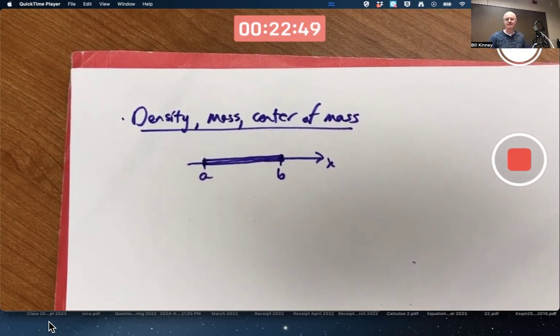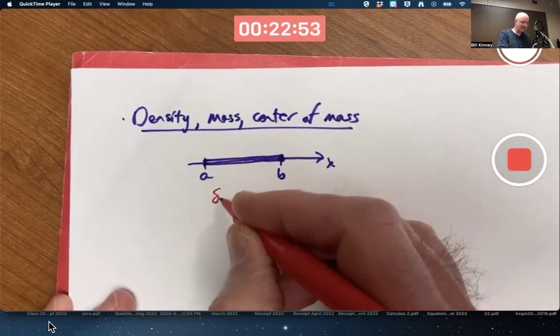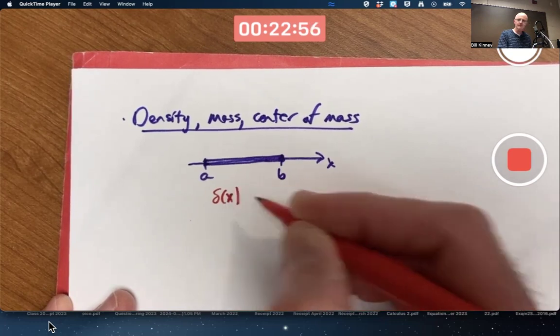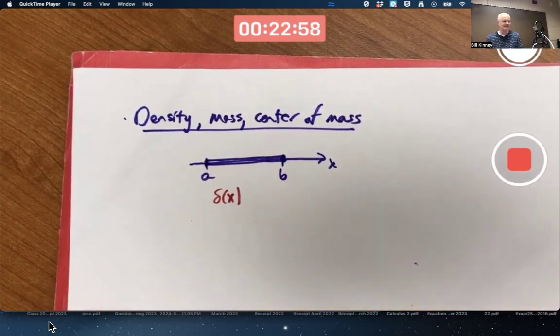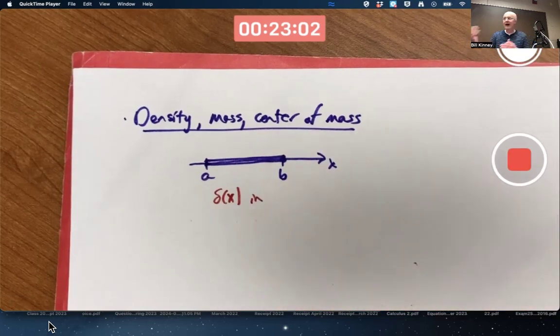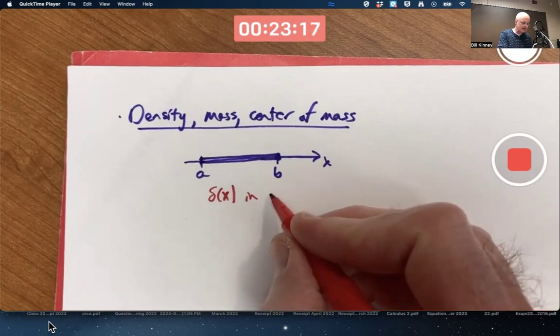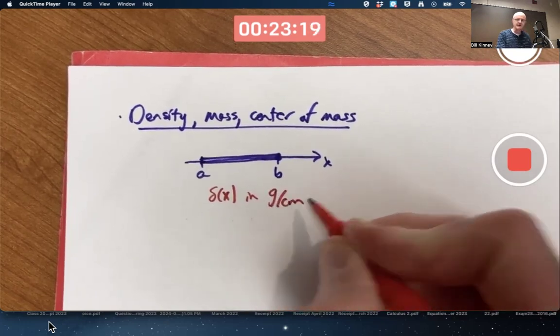We're given, for the purposes of doing math, a density function, delta of x, in units of mass per unit of length. You know, usually density is thought of as mass per unit volume, but since we're treating this as a one-dimensional object, it's simpler to think of it as mass per unit length, like grams per centimeter, for example.